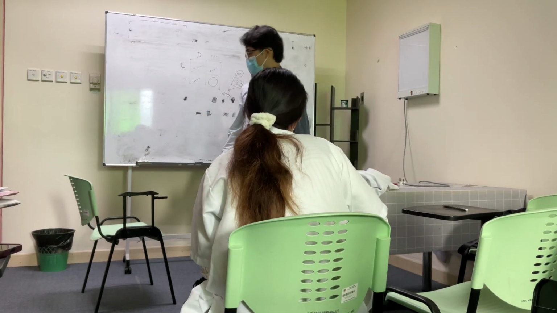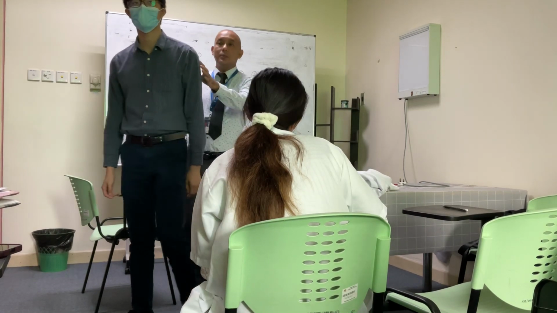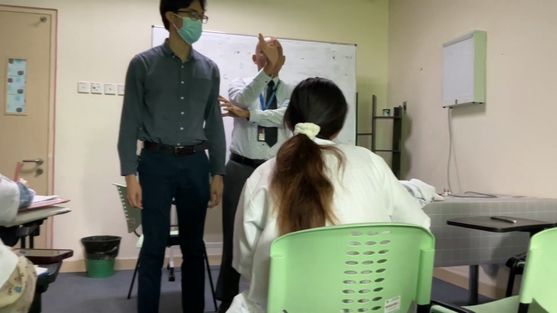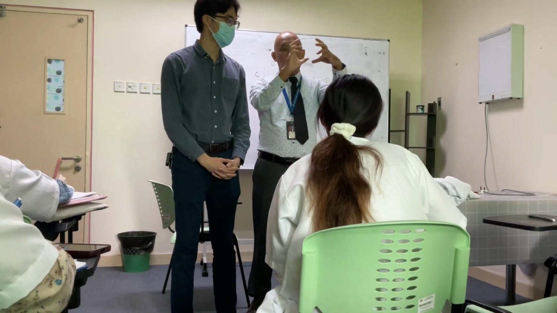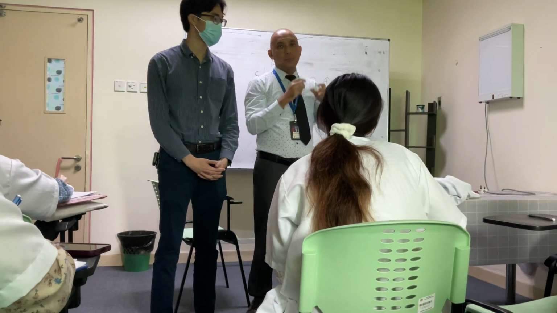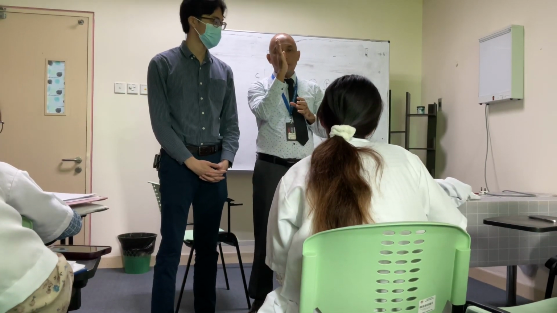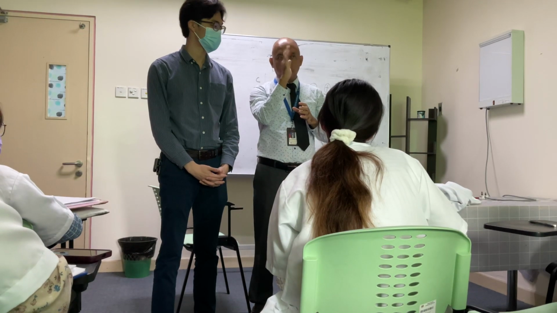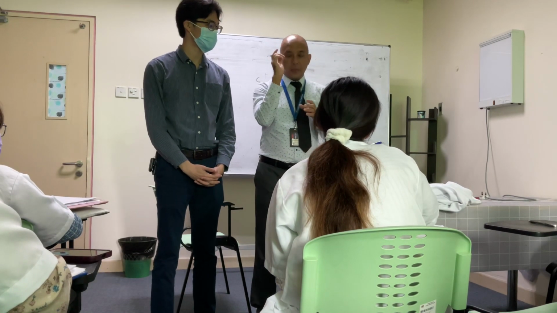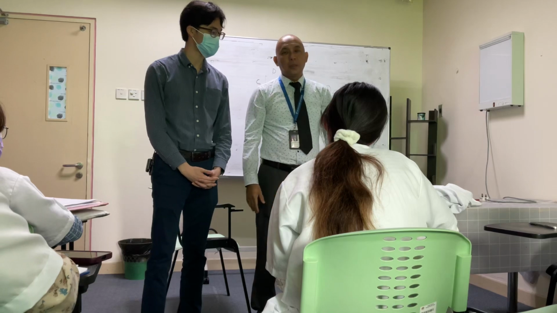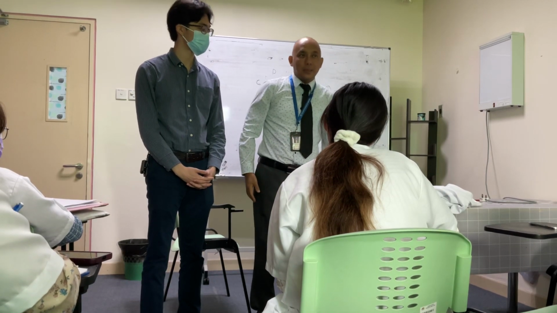So the reason for the rib hump is that scoliosis is not only lateral curvature, it is a rotational deformity. Kyphosis is a one plane deformity. This is kyphosis. This is lateral bending to one side.